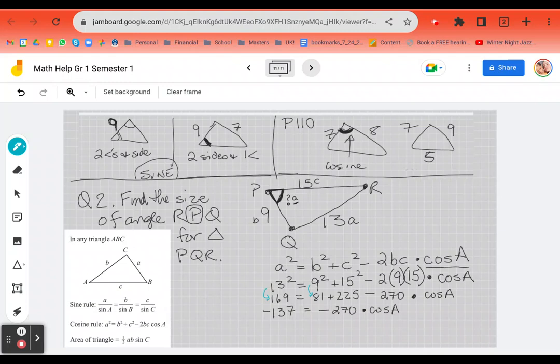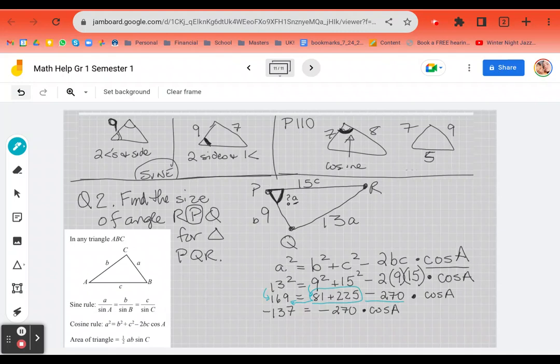What did I do? I took this amount and I brought it over here, and now I have negative 137. Do you see that? So now I'm at negative 137 equals negative 270 times the cosine of A.